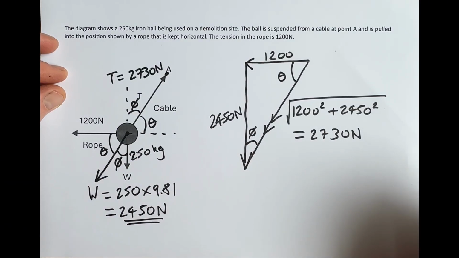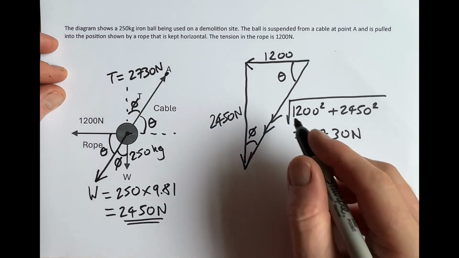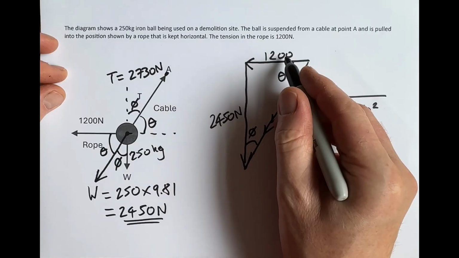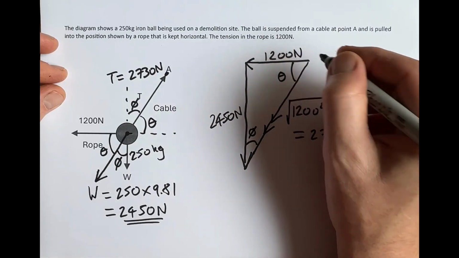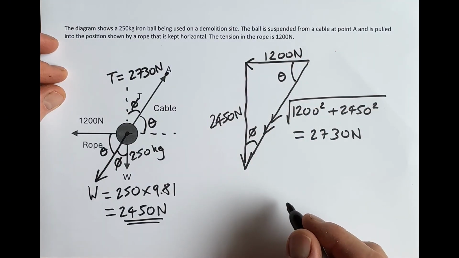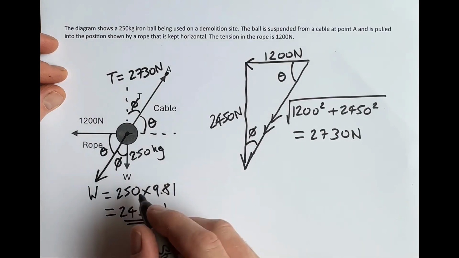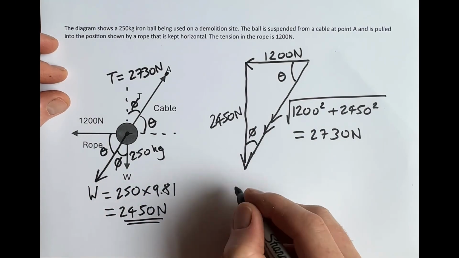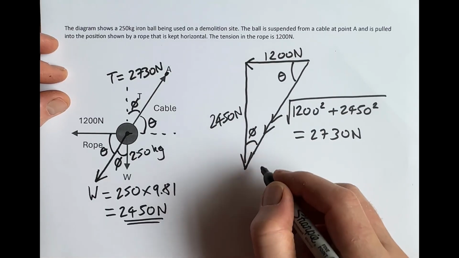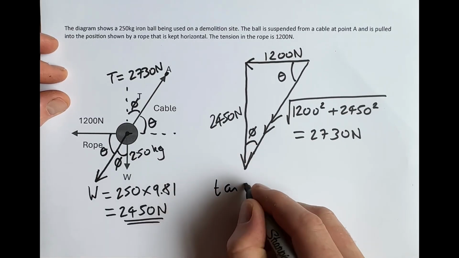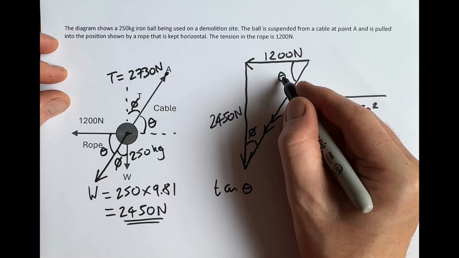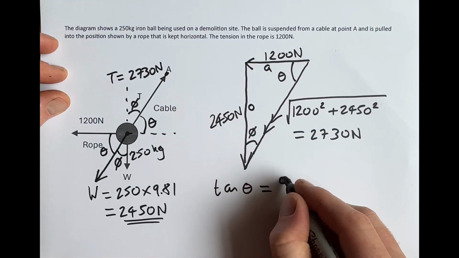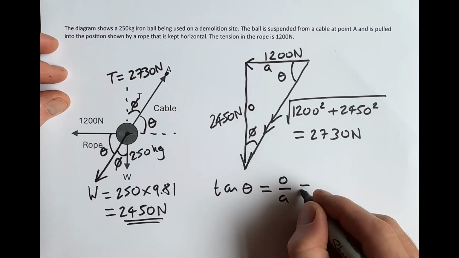Okay, so let's work those out. So we're going to use trigonometry. We're going to use these two forces here because we had those given to us in the question pretty much. We know that they're right because this force here is just that times 9.81. So we're going to use tan basically. So tan of theta, if we use this as theta, this is the adjacent, this is the opposite. So that's going to be opposite over adjacent.